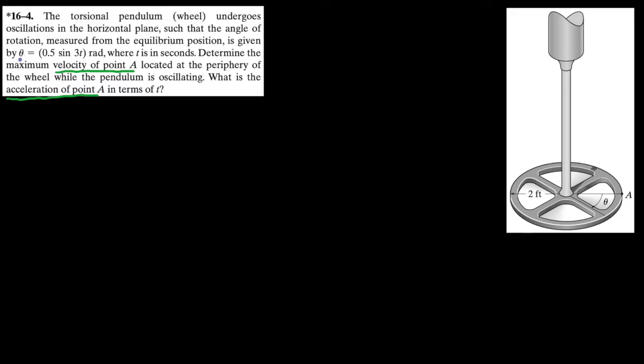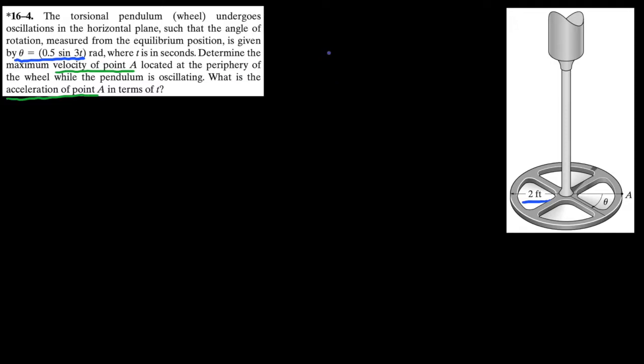The first thing we notice is it gives us theta as a function of t, which is simply the angular position as a function of t. The second thing given is the radius, which is 2 feet. So now let's use this information to determine the velocity and the acceleration of point A.